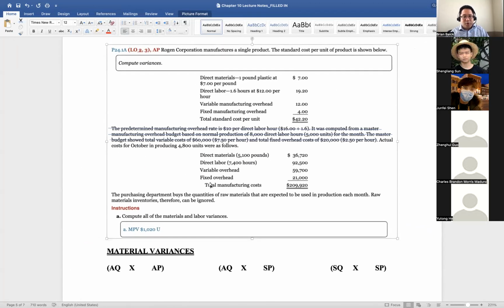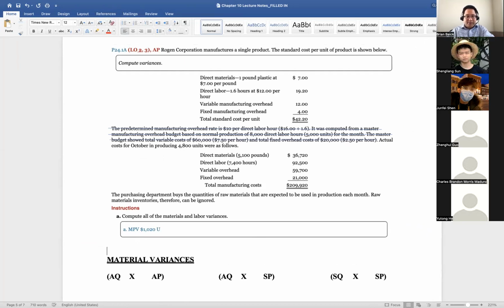But what is important is it said that actually I made 4,800 units. Okay, so we need to figure out variances based on what they did.